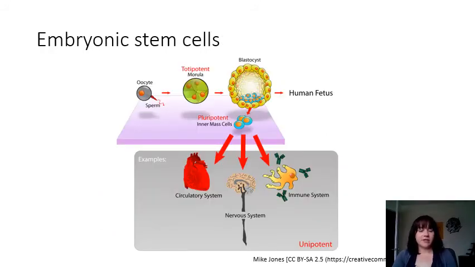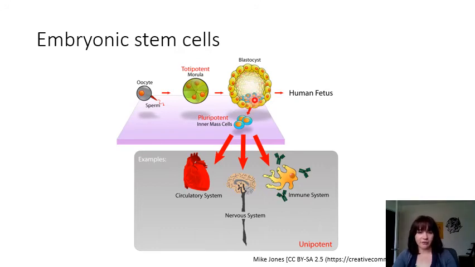As I said before, embryonic stem cells can become all cell types, and I just wanted to briefly go over where they come from. When egg and sperm unite, they create an embryo, and during early stages this embryo is an outer sphere of cells, and inside that sphere we have a mass of cells, the inner cell mass. These are the pluripotent cells.